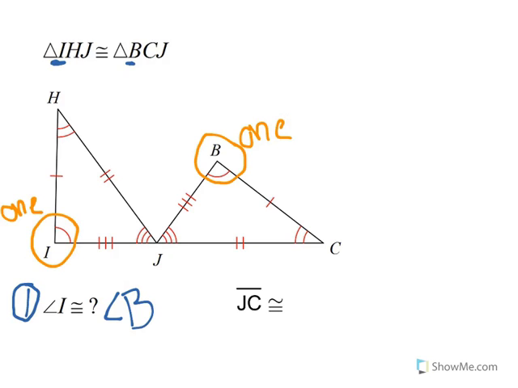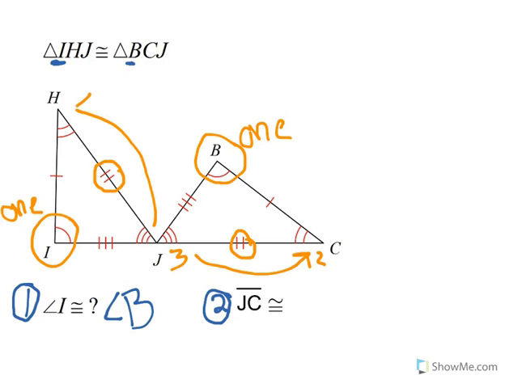Now I also want to know which segment would be congruent to segment JC. Two ways you could do it. You could look at the picture and say that segment JC has two tick marks. So over here we have two tick marks, and we're going from 3 arcs to 2 arcs, so it would be segment JH.